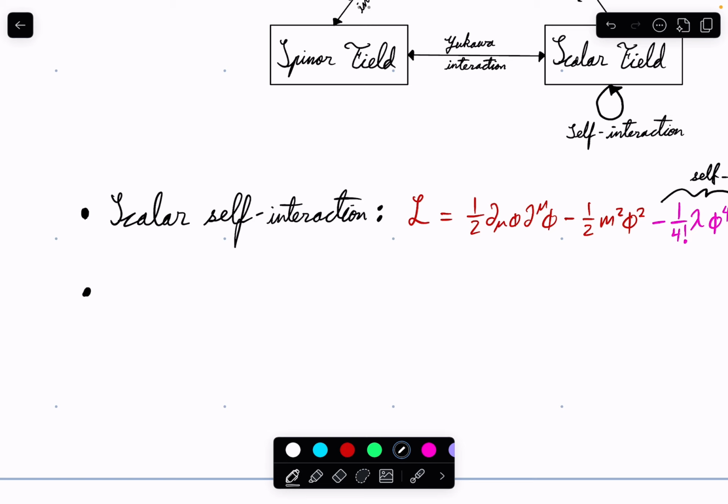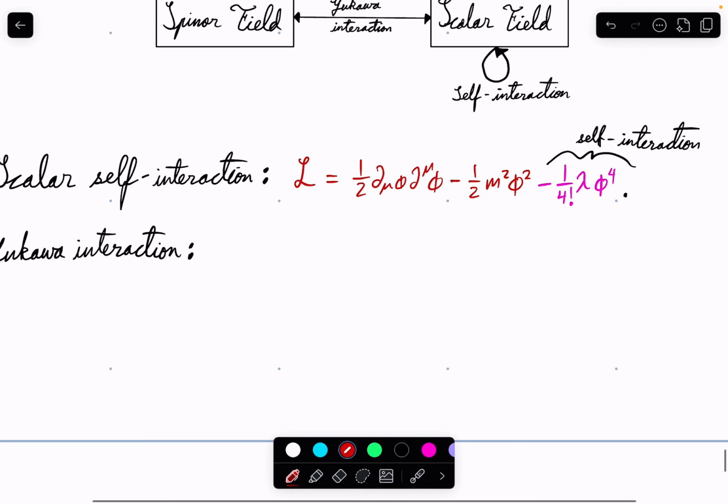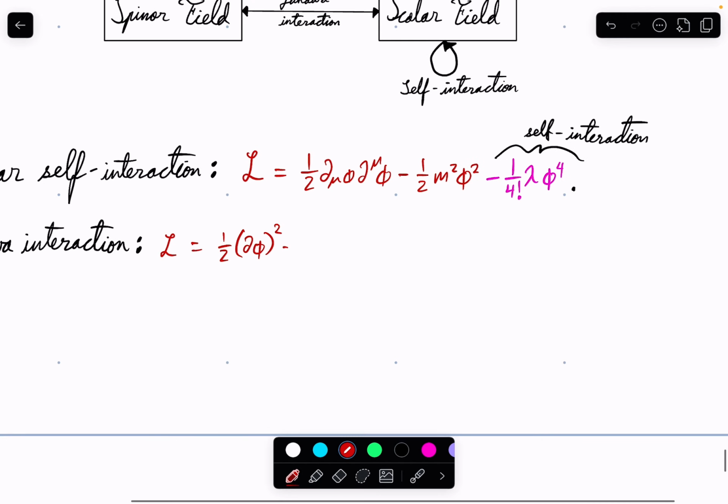The next are Yukawa interactions. We have the Lagrangian, which will have the gradient of a scalar field squared minus 1/2 the mass of a scalar field squared times that scalar field squared.